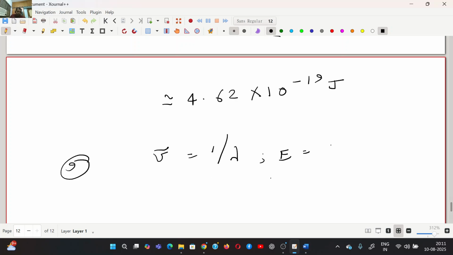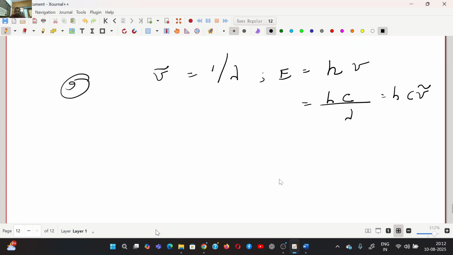What is E? h into frequency, or h into c by lambda, is equal to hc into nu bar. Therefore, from here we can see that energy is directly proportional to wave number. That means wave number increases with energy of photons.